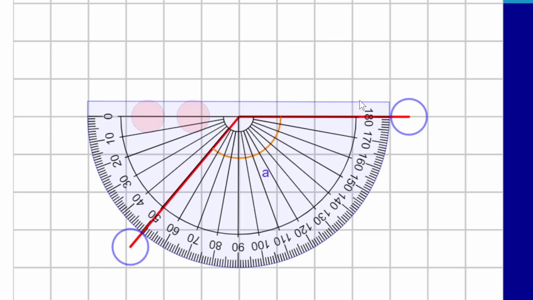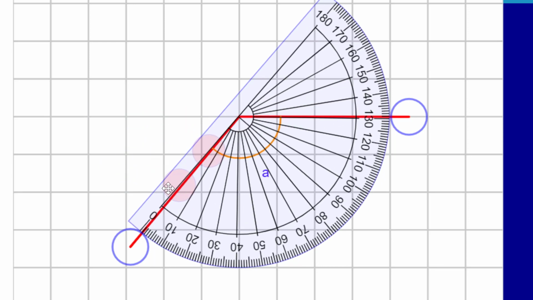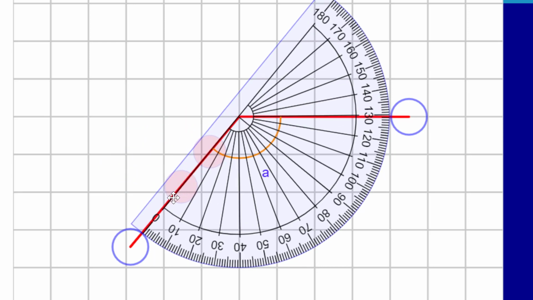Because it's 180 take away 50 because the inside is 180 degrees from the other side. One's going left to right, the other's going right to left. But what you want to do is just to make sure that one of your lines is on the 0 and that you follow it round to the other line, and you can see that it's 130.